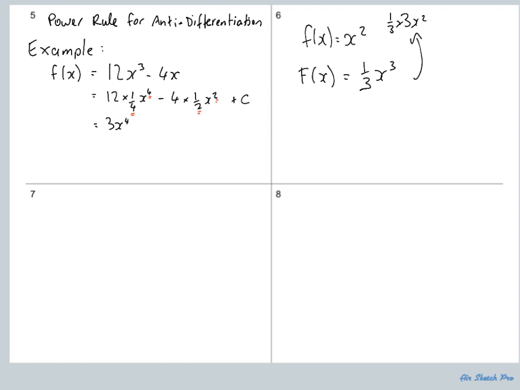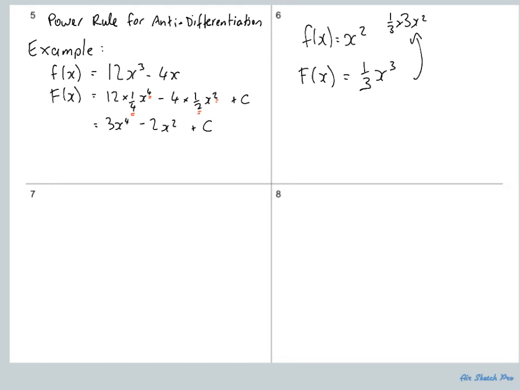Should have put the plus c there. And half of 4 is 2, so minus 2x squared, and then we've got our plus c. What do you think? Practice probably needed, but conceptually, is that okay? So we increase the power, but then we multiply the term by that fraction.